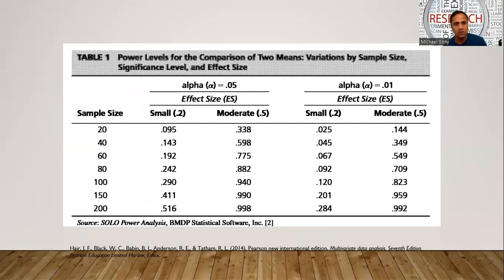Take for instance, you have a sample size of around 40 and you are looking at a group difference of around 0.2. If you use a sample size of around 40, then you have only a 14% chance of detecting a difference when there is a difference.